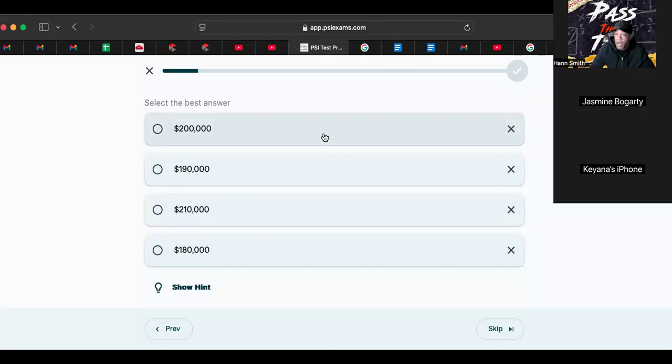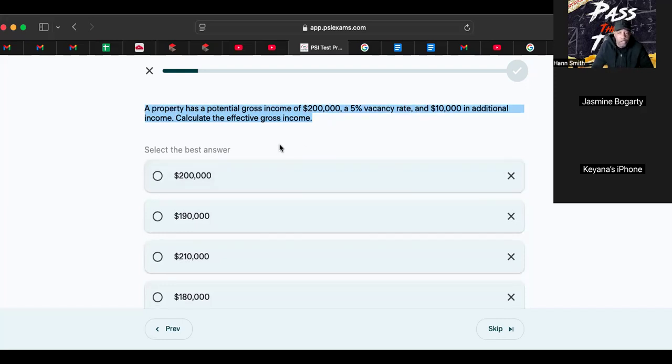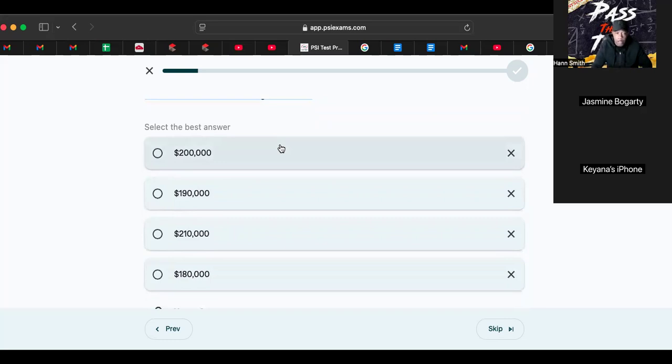So now it's not on there, right? It's not on there. So what this tells me, I'm interested to see, because this is the wrong way. This additional income should be added in here to calculate that. But for some reason, they're not having us do that. So now our answer isn't on here. And so when we see the answers, it may be a bunch of wrong answers over here, because this is not how you do it, period.